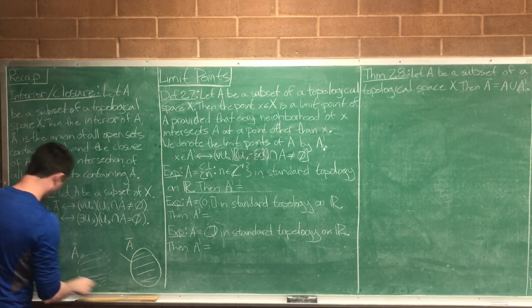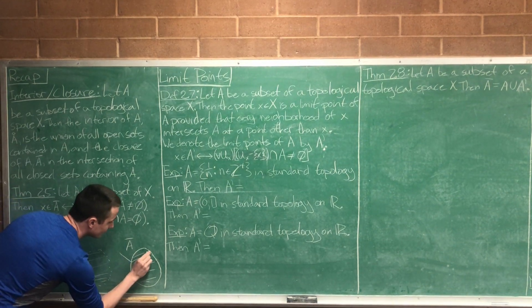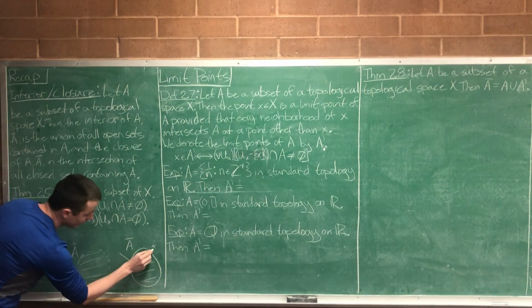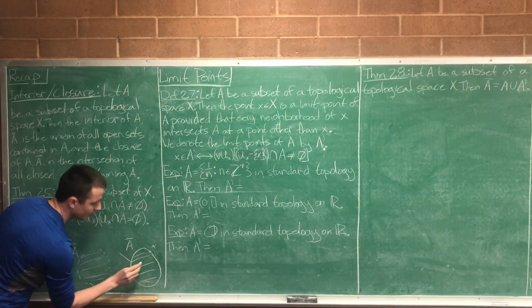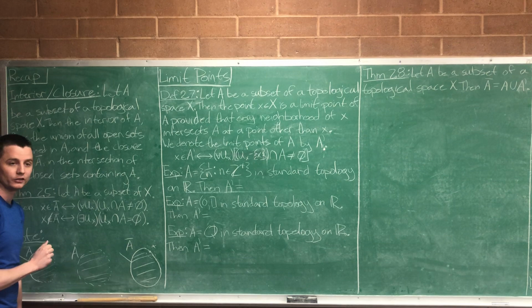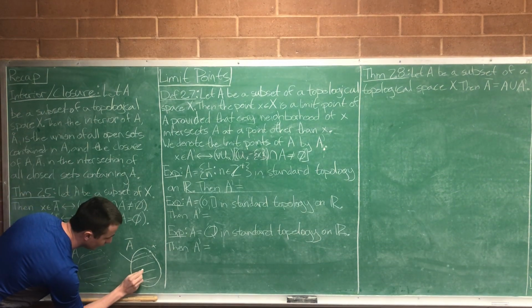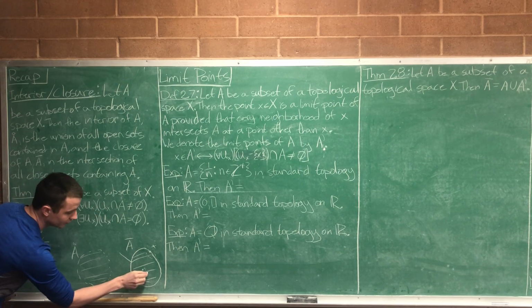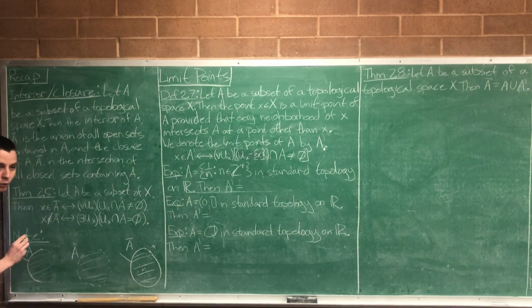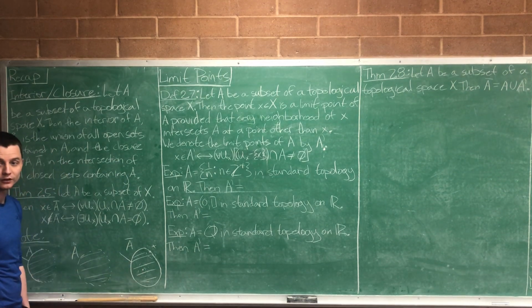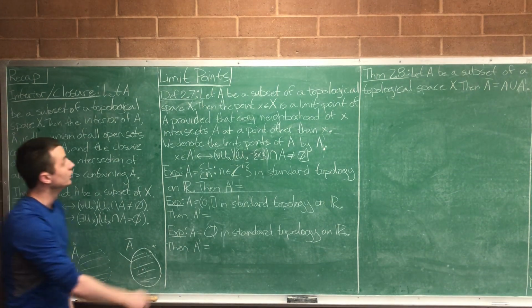So here's our A. A point X is going to be a limit point if every neighborhood of X intersects A at a point other than X. So when X is over here, obviously X isn't in A, but notice that this is also a limit point. If X is here, this is a limit point because any open set you can create around that point intersects A at some point other than X, right?